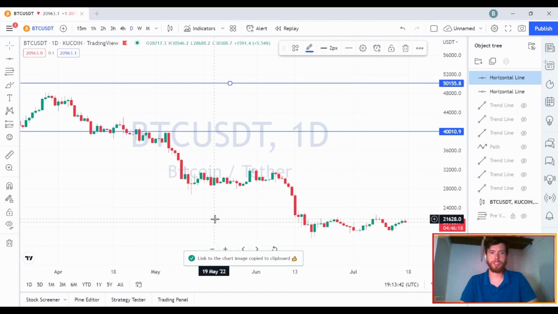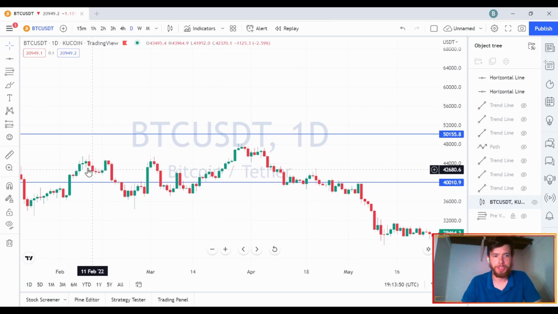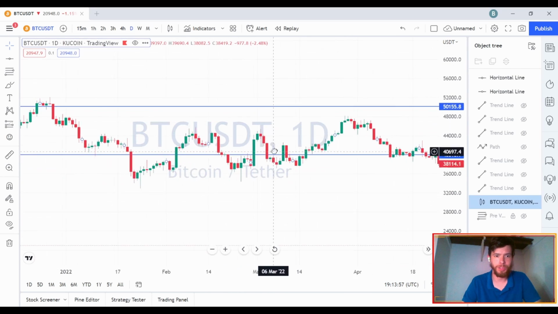We'll go over in our later videos how support and resistance play into patterns, but for now, just remember that when you're going up, you're meeting resistance, and when you're going down, you're going to find support.